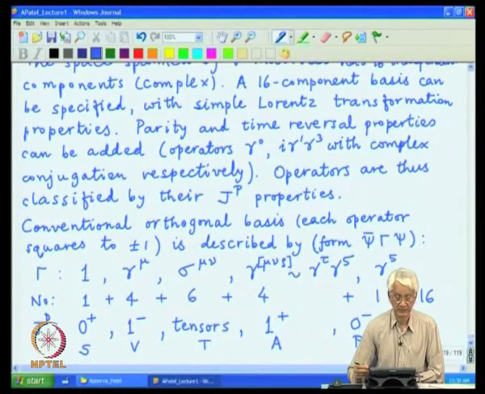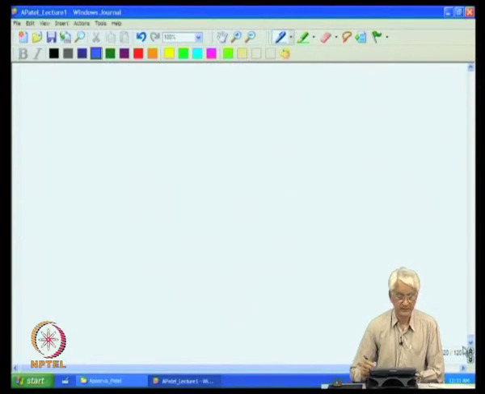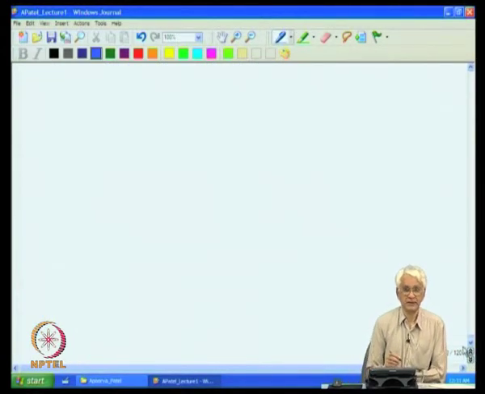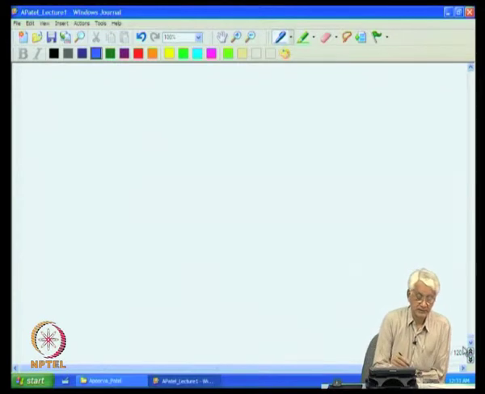Let us now specify the spinors themselves explicitly by going to the little group, and that is convenient to give a complete description of the states in any basis or any frame.